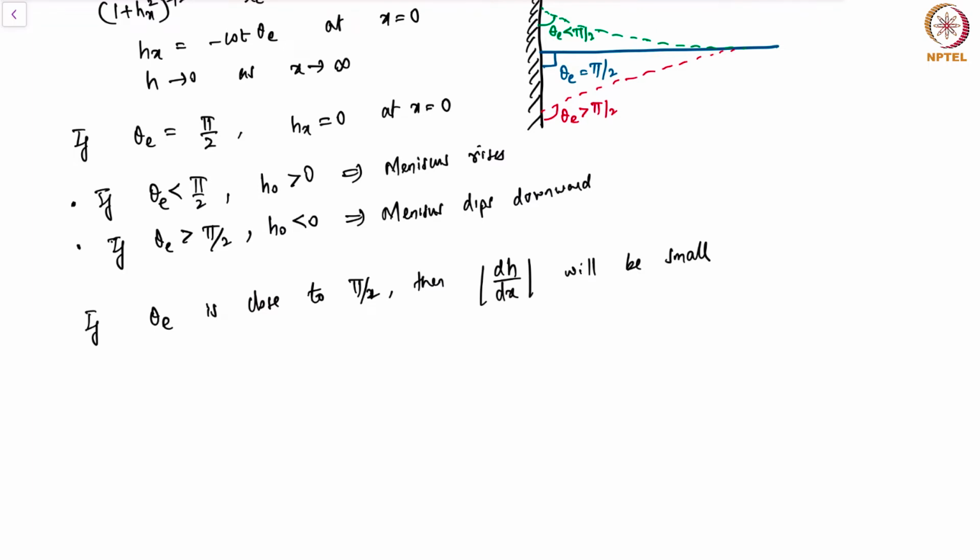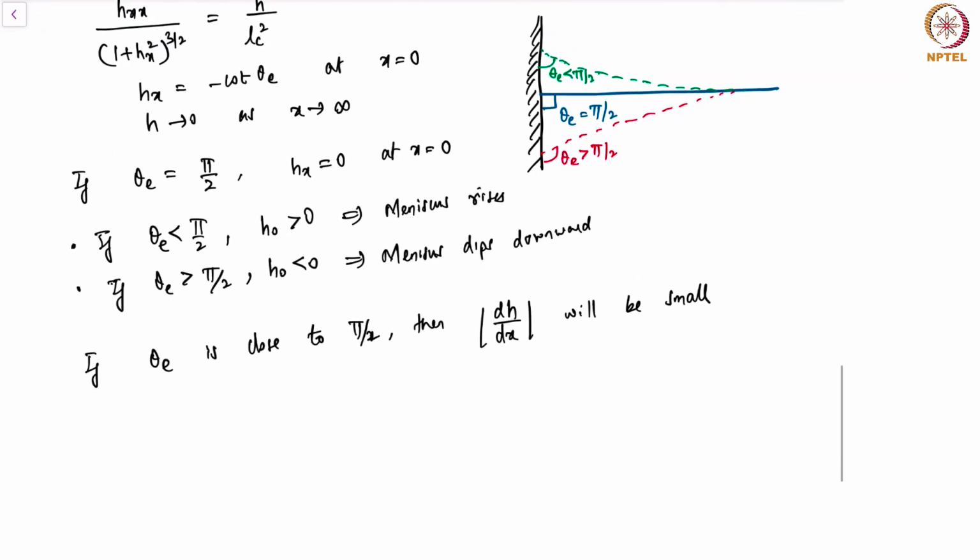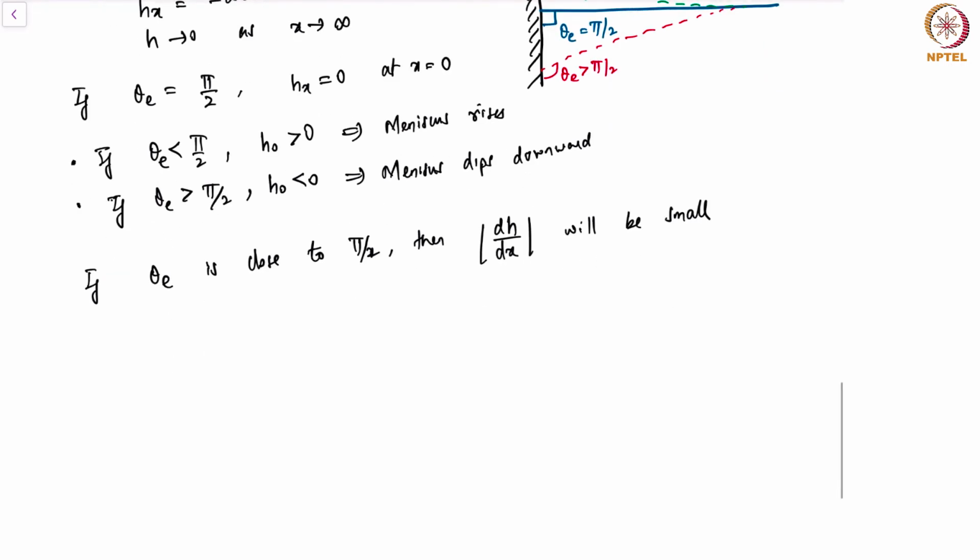And what does it do to us? If I look at this equation, hxx by 1 plus hx square whole power 3 by 2, then I can say 1 plus hx square whole power 3 by 2 is approximately 1, because essentially I'm ignoring the nonlinear term hx square. If hx is small, hx square is going to be even smaller, and therefore I'm ignoring this.